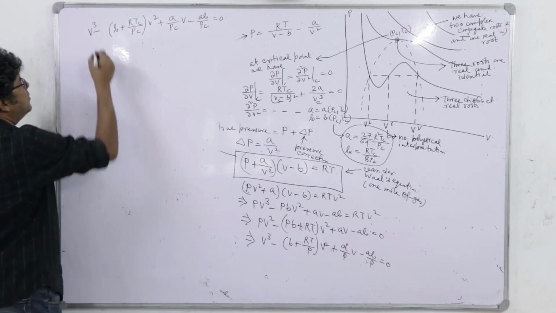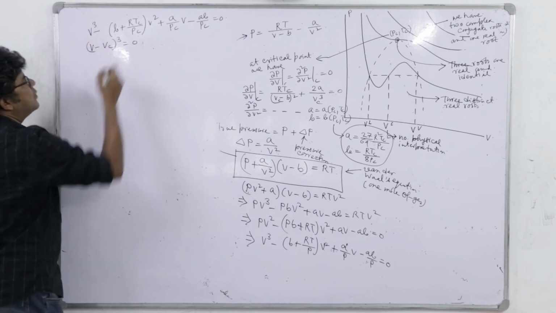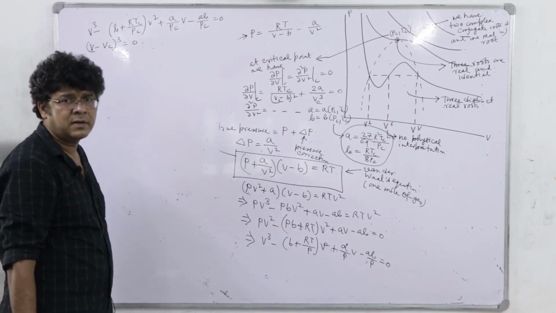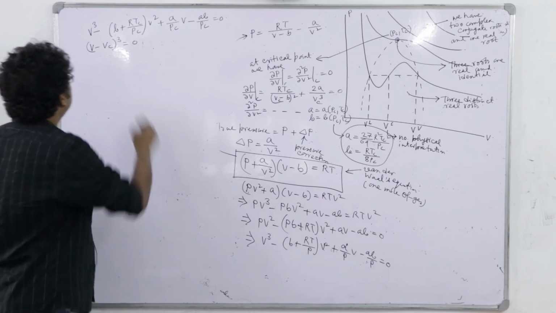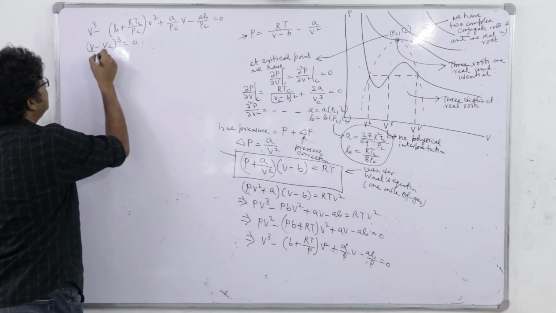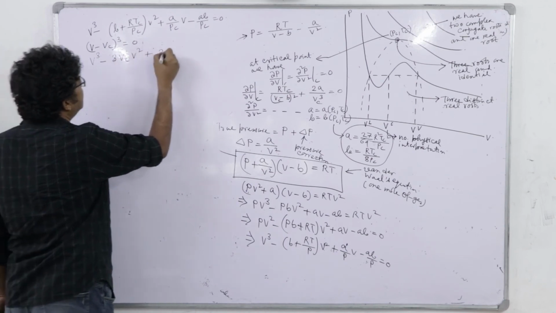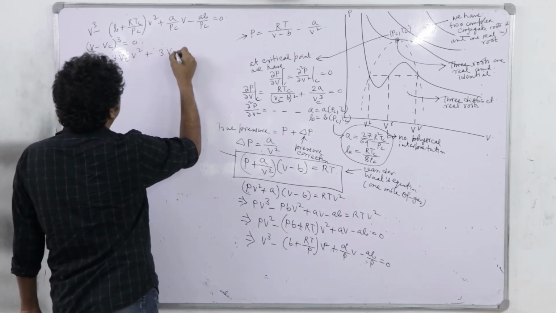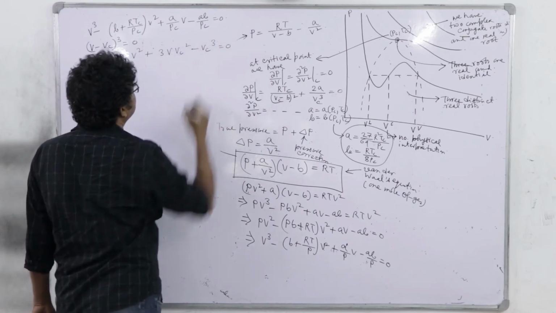Right? That is the cubic form, and this should corroborate with (V minus Vc) whole cube equal to 0, because the three roots are real and identical, and the solution is the critical volume. So, if I expand this cubic form, V cube minus 3 Vc V square plus 3 V Vc square minus Vc cube equal to 0.